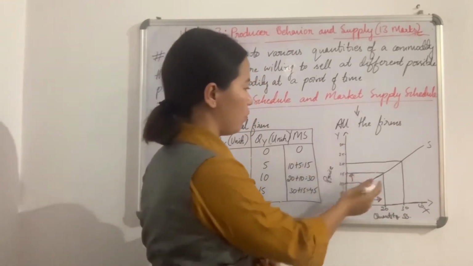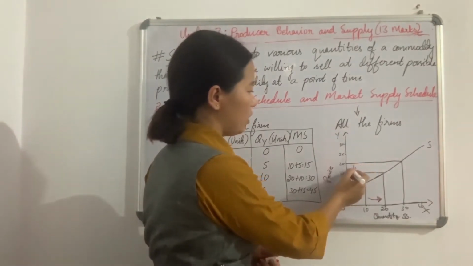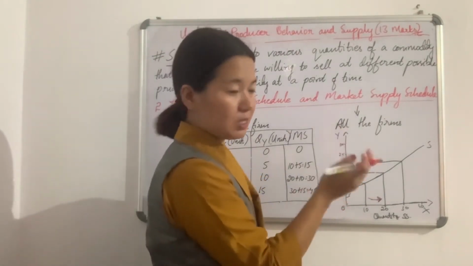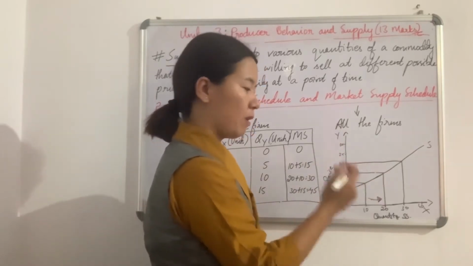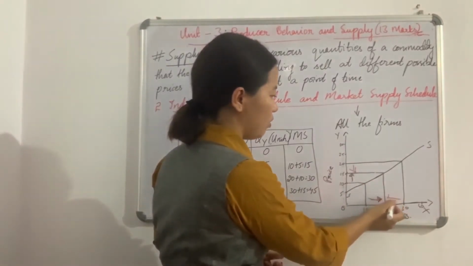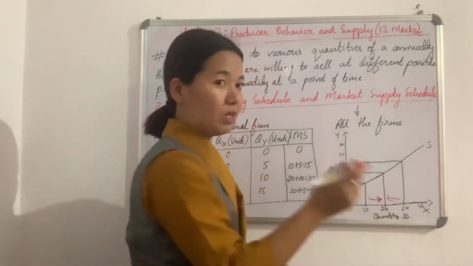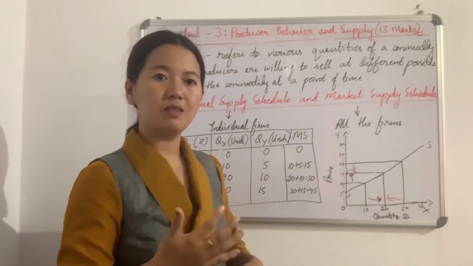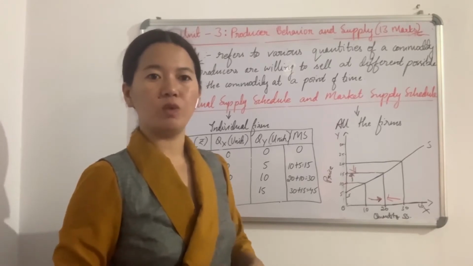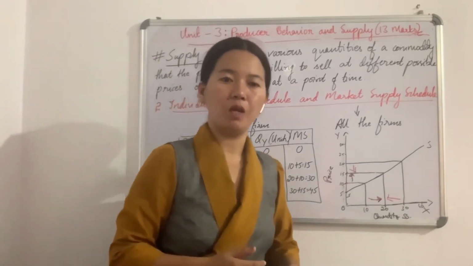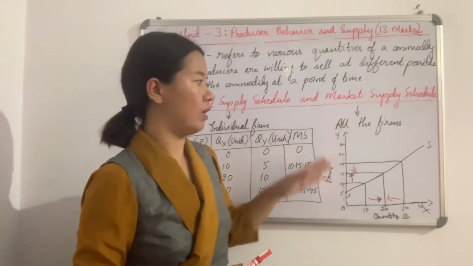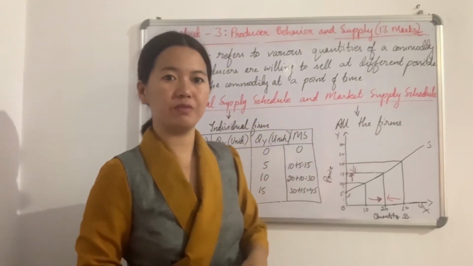And when the price falls from rupees 20 to rupees 15, then since the producer is getting less profit, his supply will also fall from 30 units to 20 units. So there is a direct relationship between price and supply. When the price increases, the supply will increase, and when the price decreases, the supply will also decrease. Therefore, we are getting an upward slope supply curve.